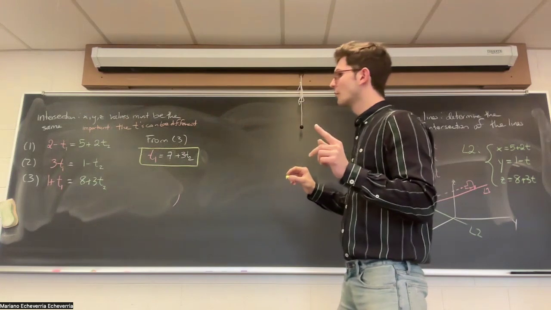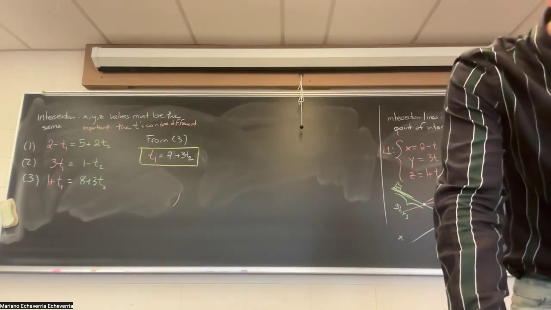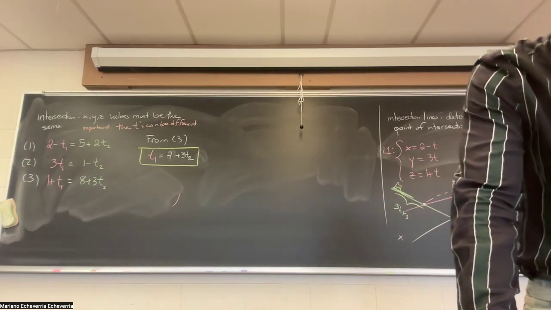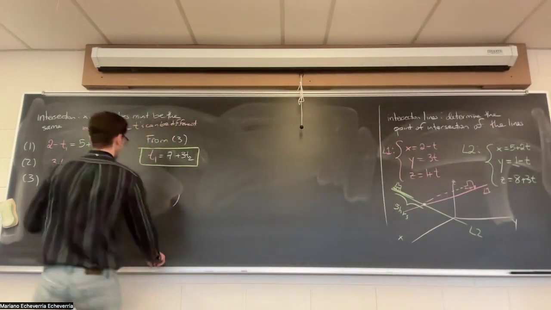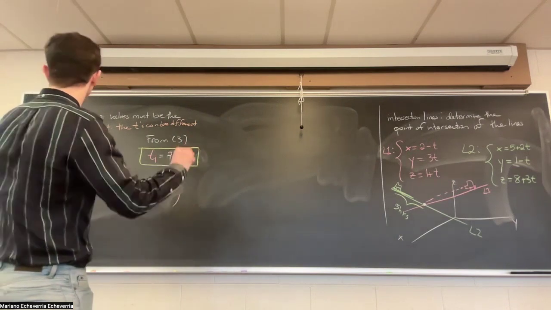And then what you do after you got to that point is substitute into the other equations. I'll explain this in a moment, but what I'm going to do is substitute this T1 in equations 1 and 2.